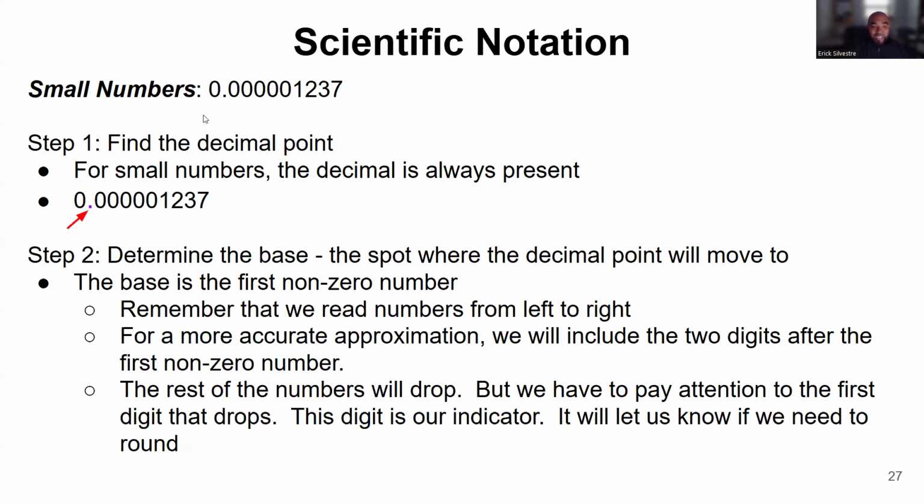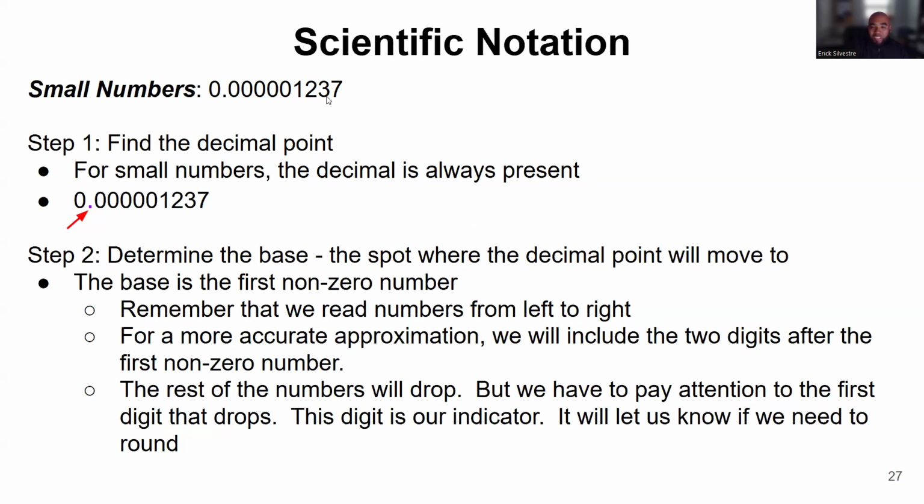All right. So the first thing is to find that decimal point. Luckily for us, when we're dealing with small numbers, the decimal point is visible. We see it is right there. Step number 2 is determine the base. We know the base is your first non-zero number. In this case, going from left to right, my first non-zero number is the number 1.